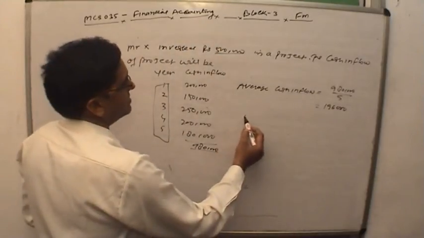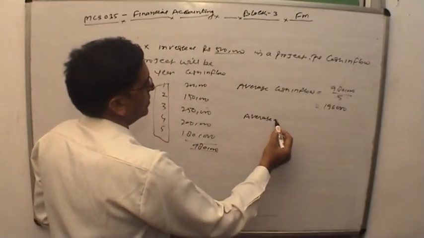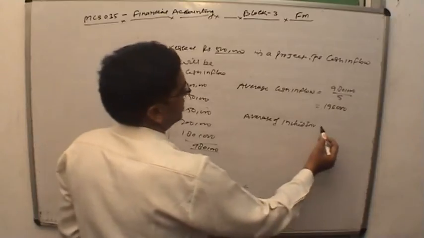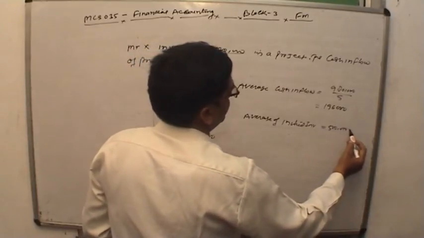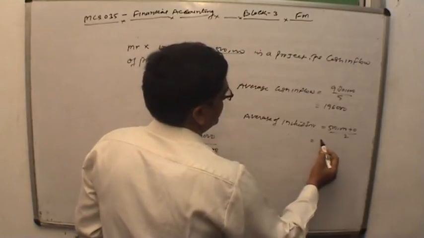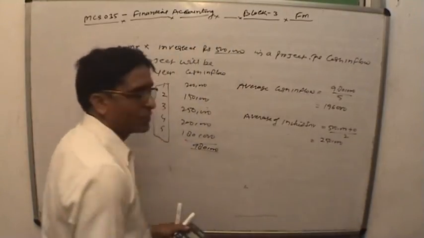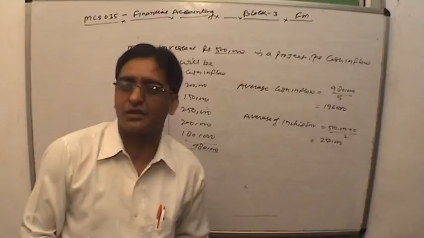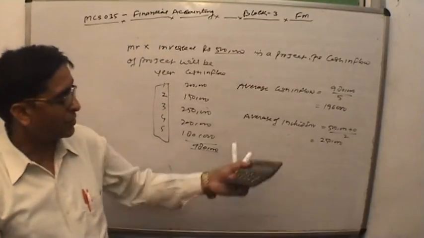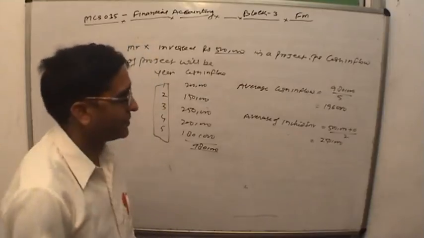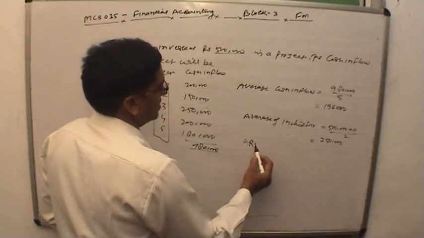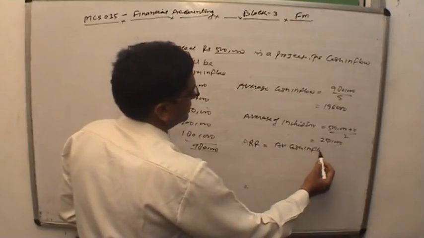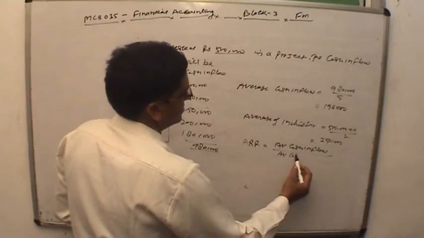Now average investment, which is equal to 5 lakh plus 0 divided by 2, this is equal to 2 lakh 50,000, because there is no closing cash outflow, only the original or opening cash outflow is given, so it will be divided by 2. Now the formula for calculating ARR equals average cash inflow divided by average investment.